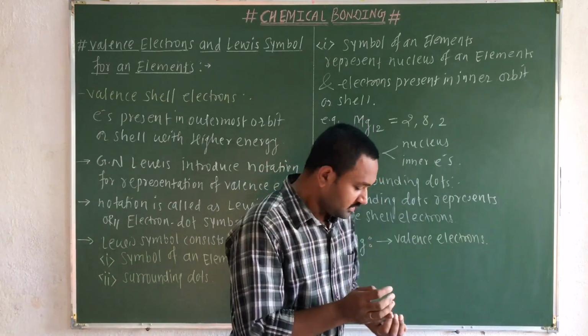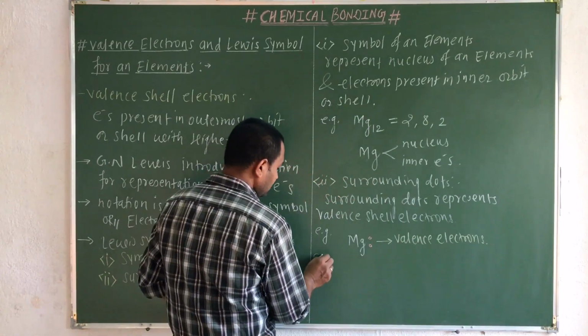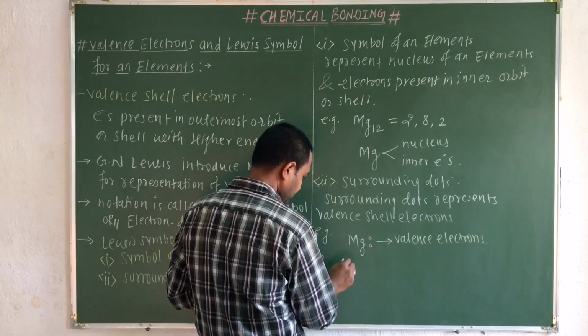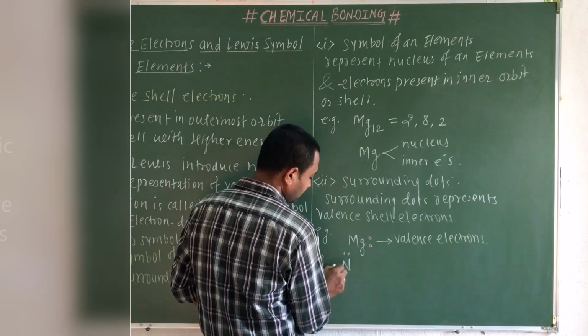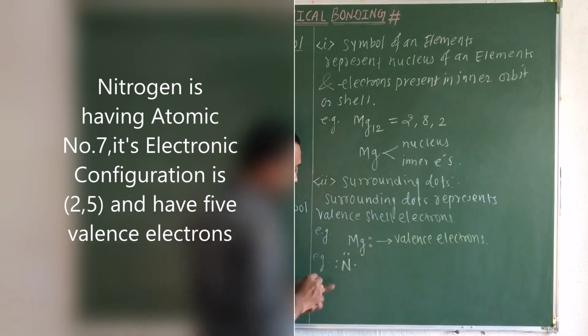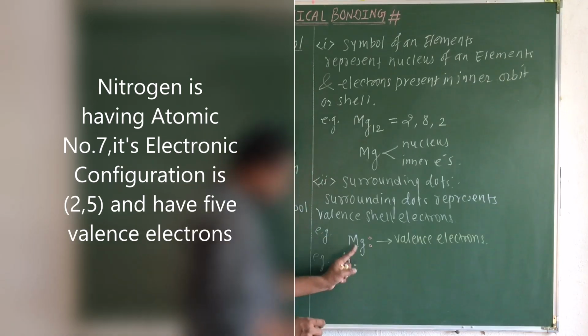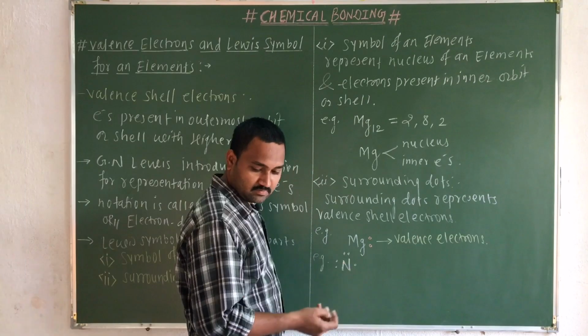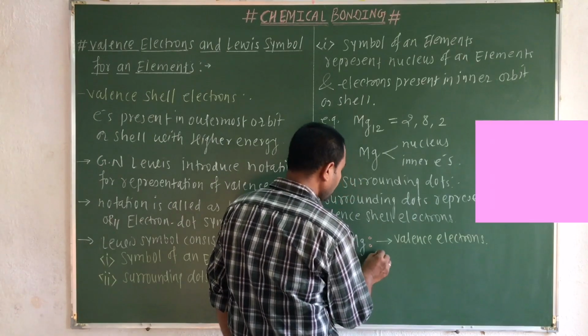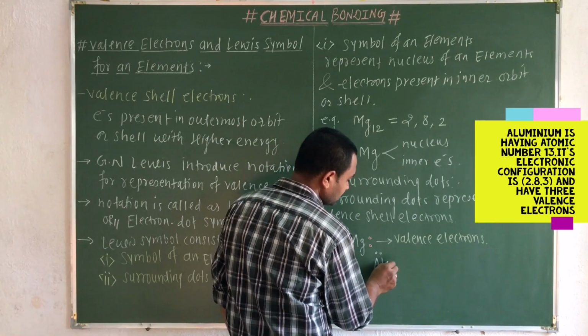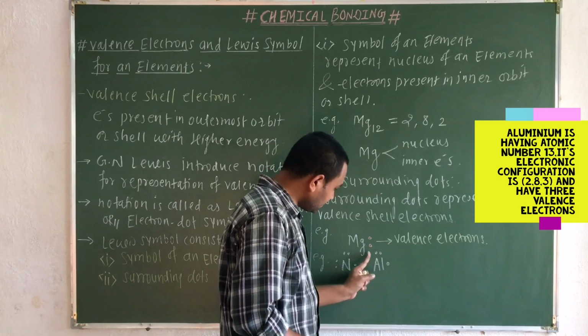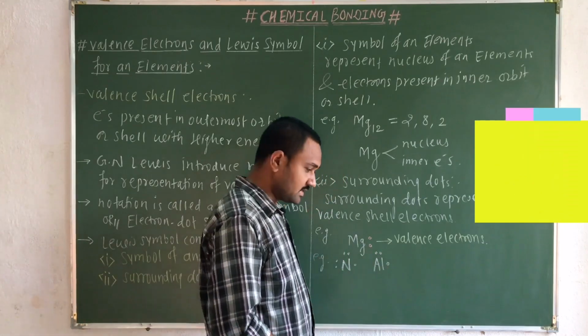Okay, now let us consider another example, nitrogen, which will have 5 valence electrons. So I have shown the Lewis symbol for the nitrogen atom. Example, aluminium. Aluminium's valence shell consists of 3 electrons, therefore I have written 2 in a pair and 1 single electron.